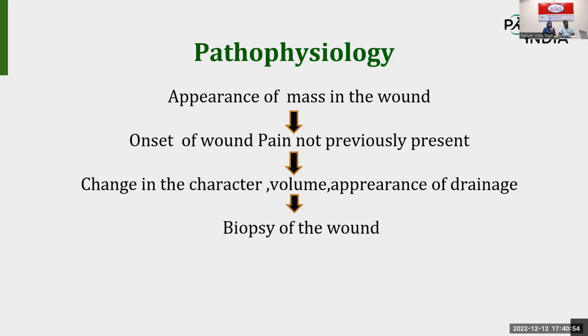Then there are changes in the character of the exudate: its volume, color, and type change, and more drainage will happen. Only then do we need to confirm by doing a biopsy.